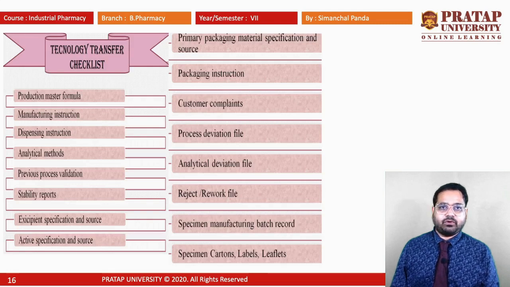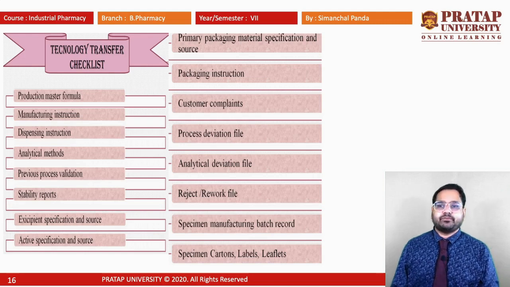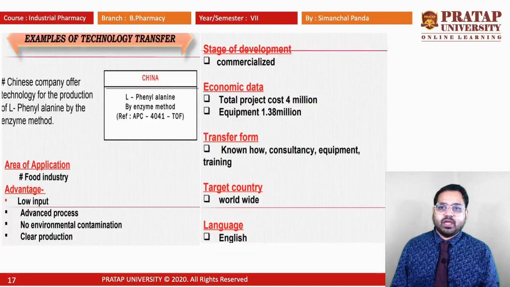For different productions, there is a master formula, manufacturing instructions, dispensing instructions, analytical methods, previous process validation, stability reports, excipients and sources, active ingredient sources, packaging instructions, consumer compliance, process deviation file, analytical deviation file, reject and rework file, specimen manufacturing batch record, specimen carton label, leaflets, etc. We can give an example of technology transfer like this.